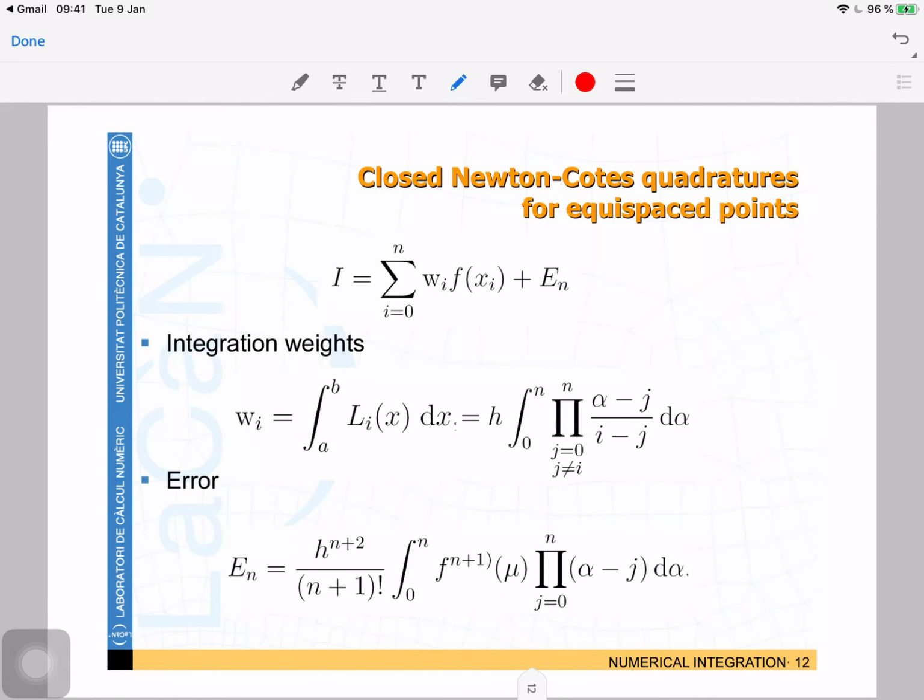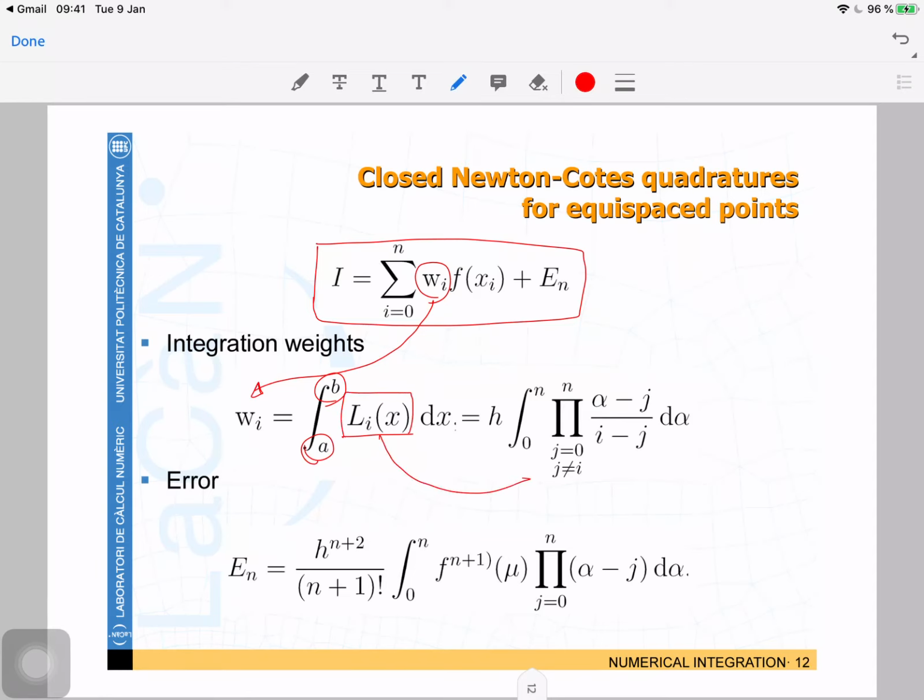Here we write again the quadrature or numerical integration formula, and for the integration weights, again we write the formula, which is the integral from a to b of the Lagrange polynomial. And this Lagrange polynomial we obtained in the previous slide as this term, you remember.